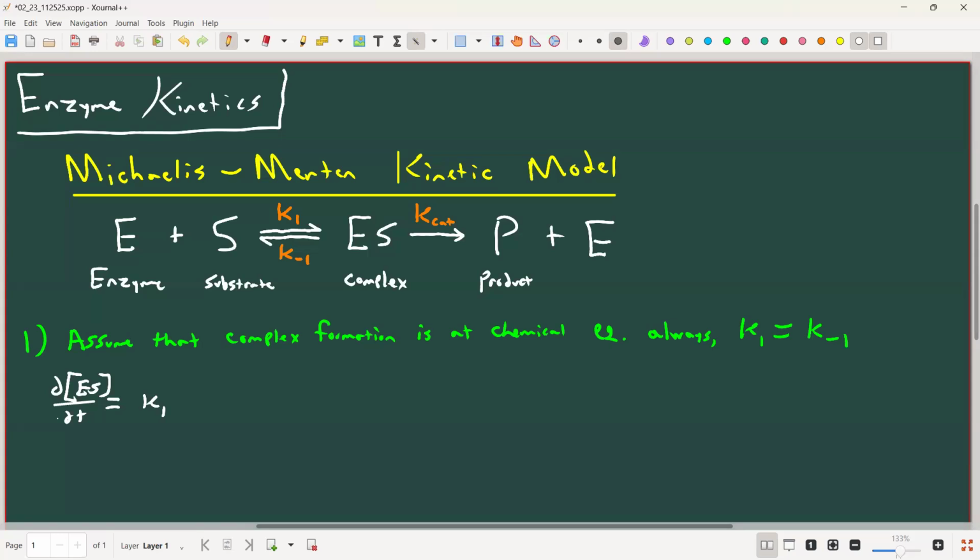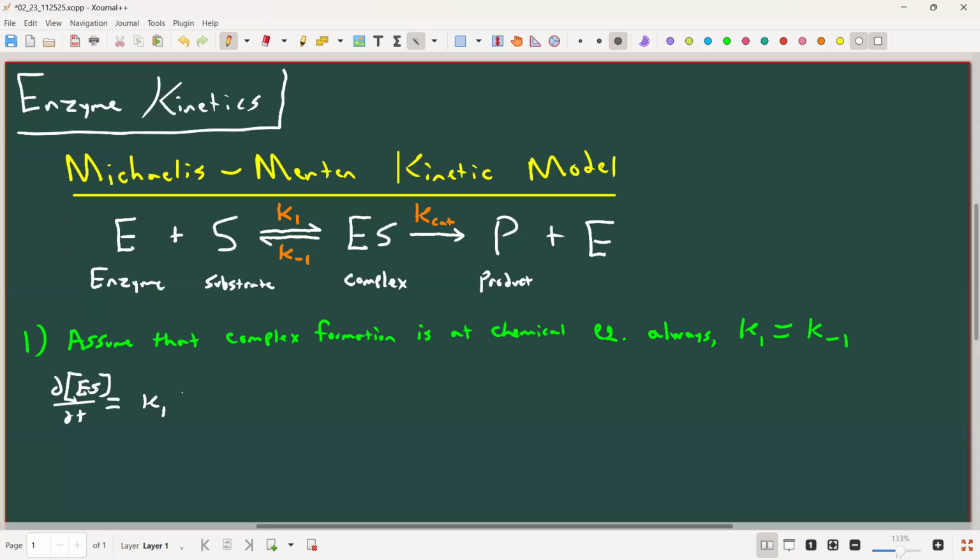That's a positive number. Okay, gotcha. The rate of change of a concentration, though, may be negative. So could you say that dES/dt may be positive or negative? Well, this term right here may be positive or negative. You may be losing or gaining your complex. Okay, I see. So we might put a negative sign here if you want to think about the loss. But K1 is always a positive number. I got you. All right.